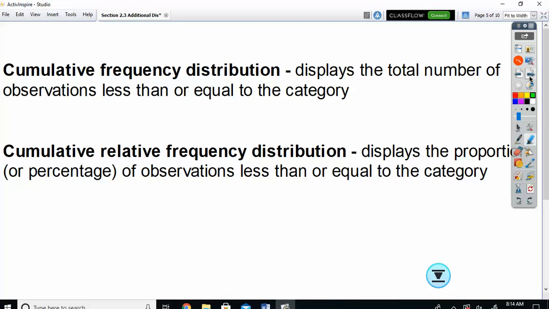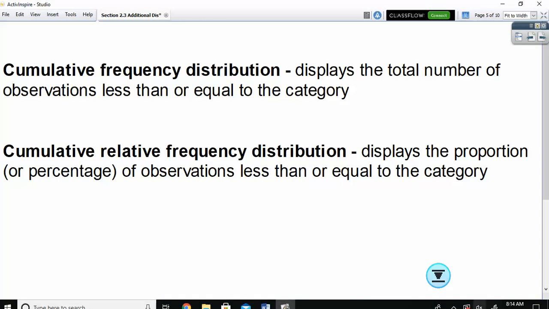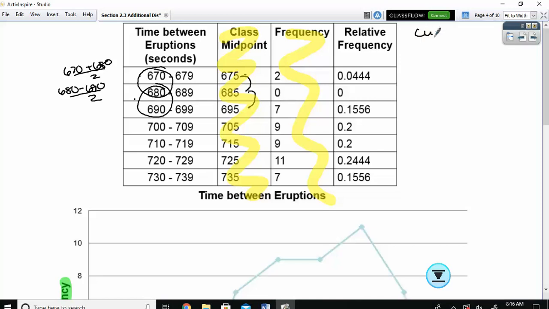So cumulative frequencies, you're just adding every frequency up to that point. Relative frequency is the same, you're just adding every relative frequency up to that point. So like in our Old Faithful example that we've been looking at, if I wanted to make a cumulative frequency distribution, my first frequency was 2, my next one was 0, so 2 plus 0 is still 2.